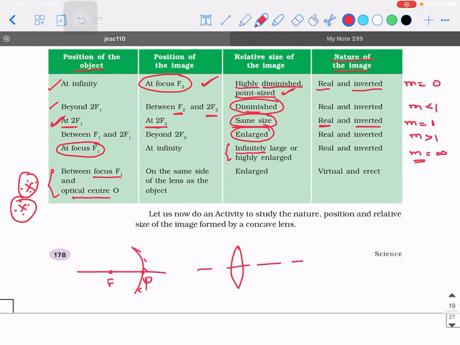Similarly, with a convex lens, when you place the object between the focus and the optical center, the image formed is virtual. And how is that image? It is an enlarged image. Remember this point: it is enlarged, and the image is virtual and erect. Here magnification is again greater than 1.